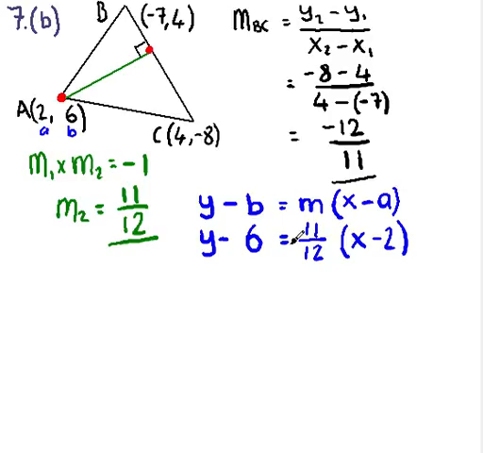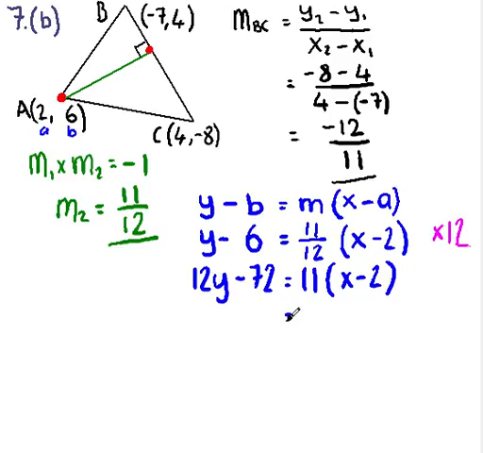So at this point, we have substituted in our values. We have a fraction here. What we'd like to do is get rid of this fraction. We have 12 on the bottom. So if we multiply through by 12, the fraction will disappear. So if we do that, we get 12y minus 72 equals, and then the denominator just disappears, 11 times x minus 2.